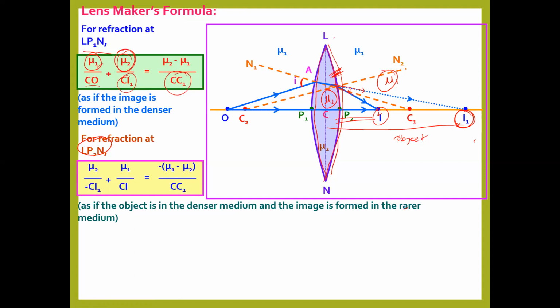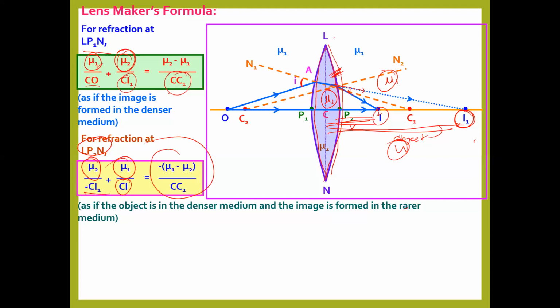But for the second surface, the first medium is mu2 and the second medium is mu1. And the CI1, which is minus UI1, because this is on that side, U will be taken as minus. And this is V, because it is the final image V. And so is the equation.